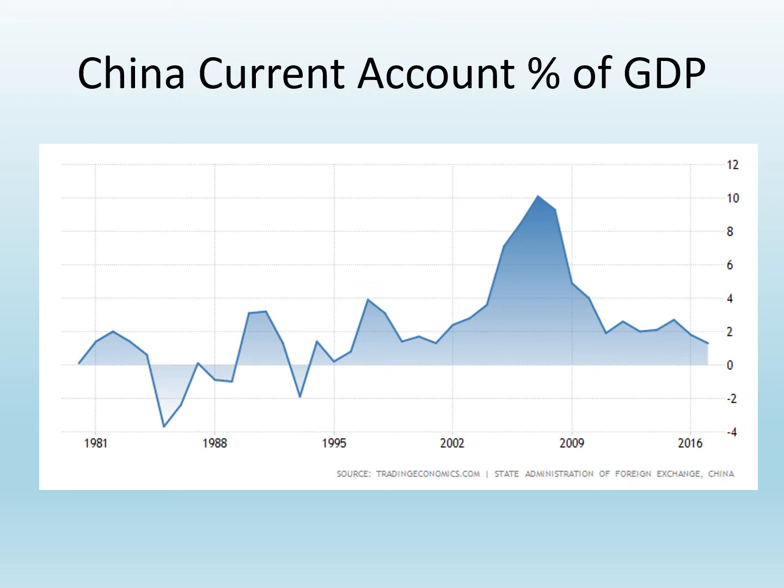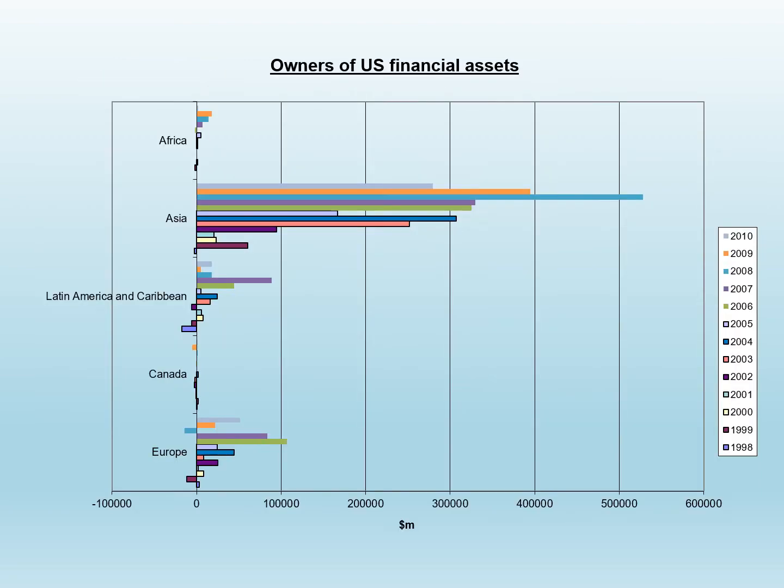That's what the following slide shows you. If you look at this diagram, you can see that the biggest holder of US financial assets is Asia, read China, and these are very large numbers. These are in millions of dollars, so these are very large numbers.